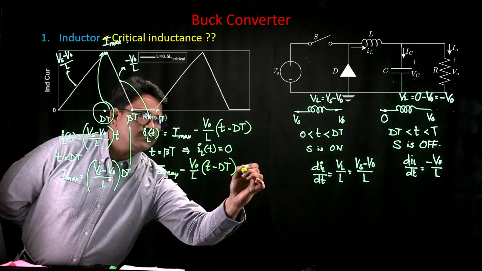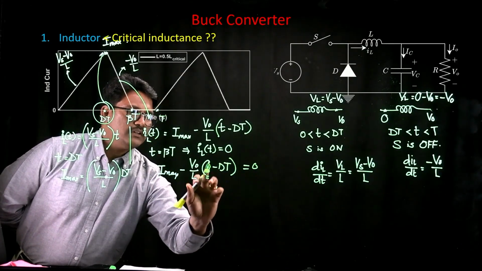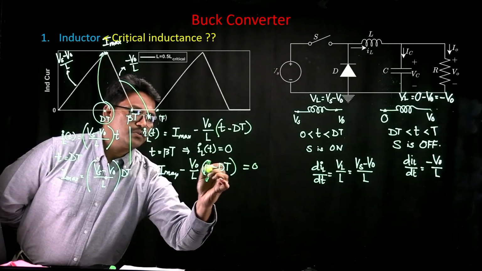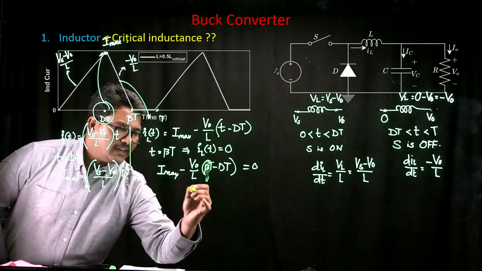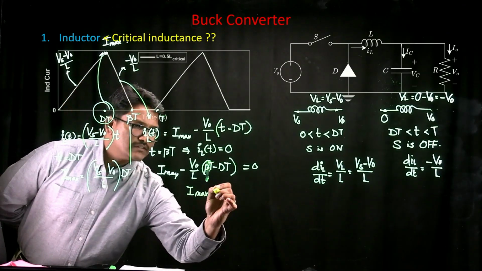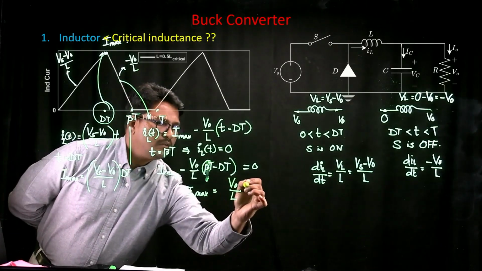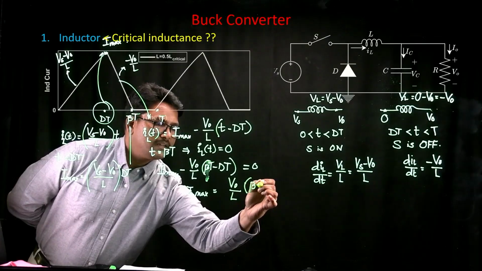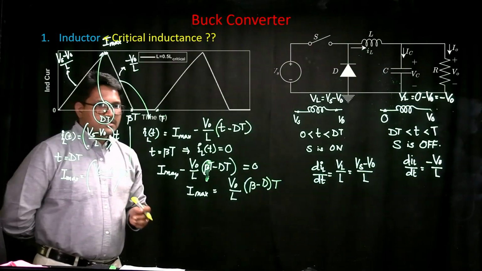This is equal to 0 when your time t is equal to beta t. So now instead of time t, you substitute that beta t there. Then this gives you another alternate expression for the maximum current, which is equal to V naught upon L multiplied by (beta minus d) multiplied by t. So that's an expression for Imax.